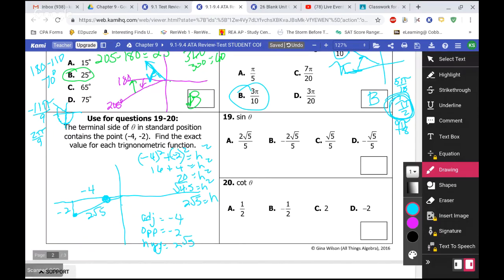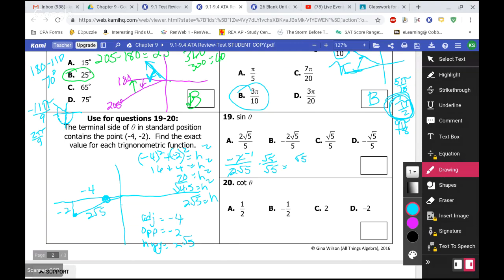So when I'm looking for sine, I'm looking for opposite over hypotenuse. So -2 over 2 times √5. That's going to cancel to give me -1 over √5, but I have to rationalize my denominator.